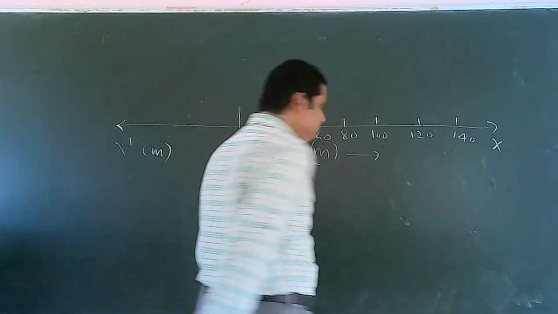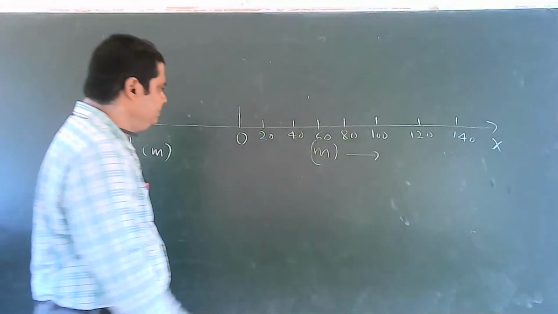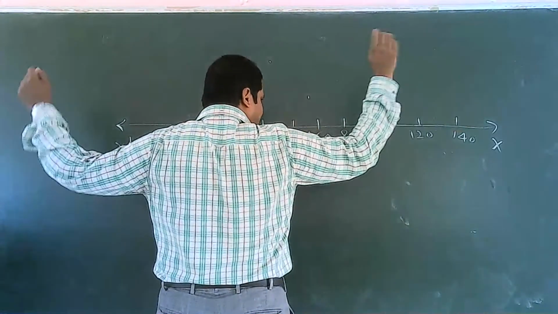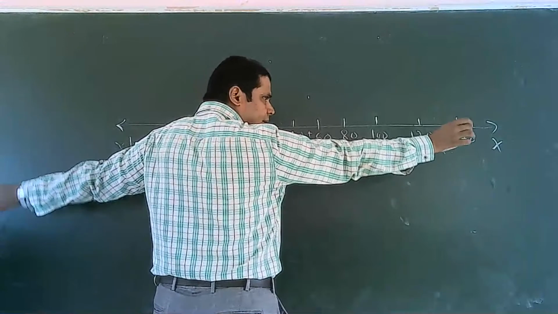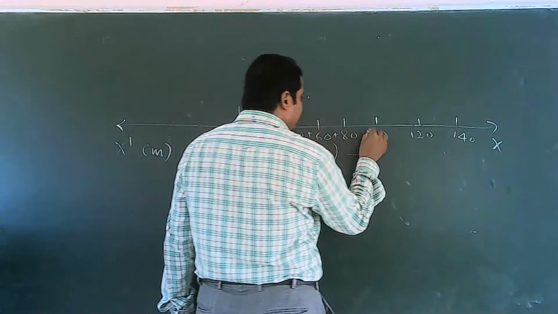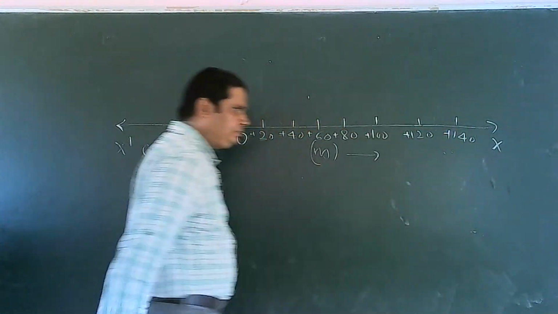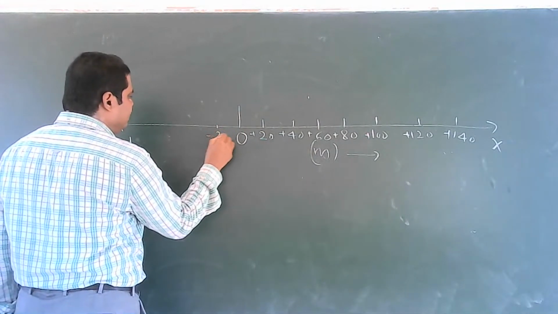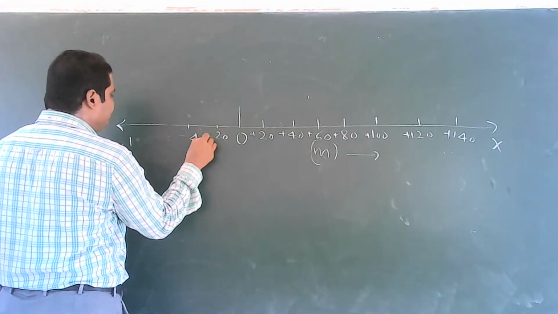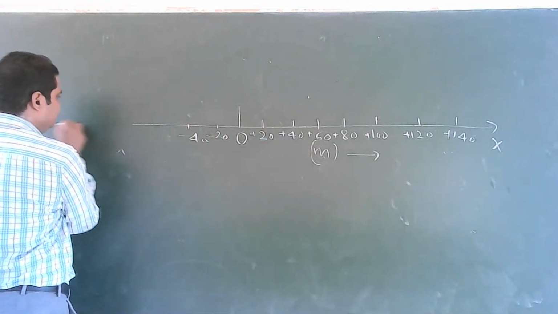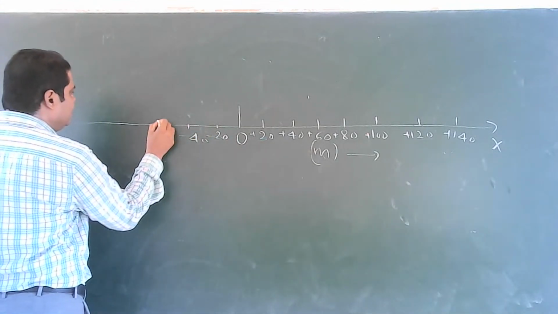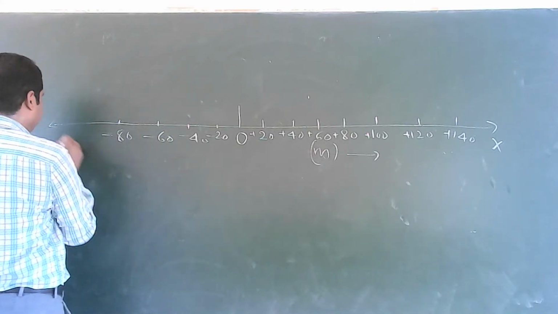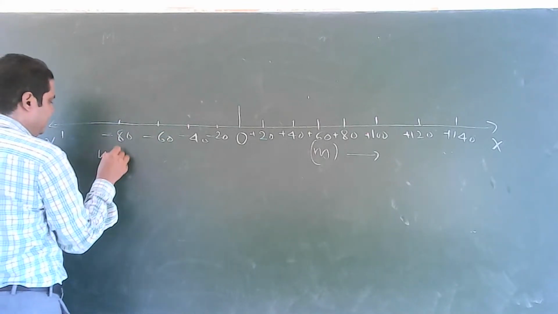Of course, this side is the plus side, correct? X axis, 0, this is positive, plus. Now, here it's minus 20, minus 40, say minus 60, minus 80. Okay. This is x dash.